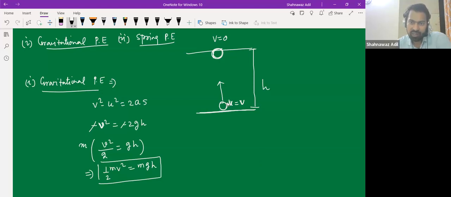So the total energy at this point is U1 plus K1, right? So this U1 is 0 and then this is half mv square, right? So E1 is half mv square.